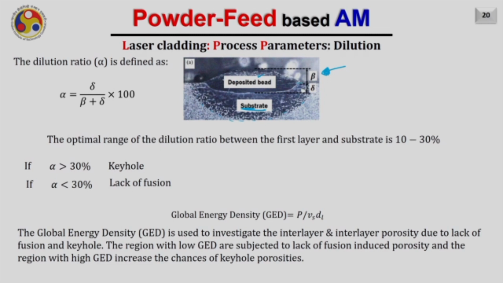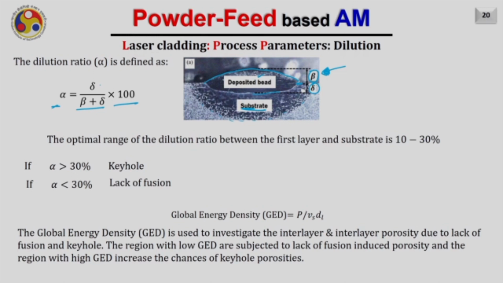The depth which is penetrated into the substrate is represented here by delta, and the height of the bead deposited over it is represented by beta. Therefore, the dilution ratio is given as alpha equals delta divided by (beta plus delta), multiplied by 100.